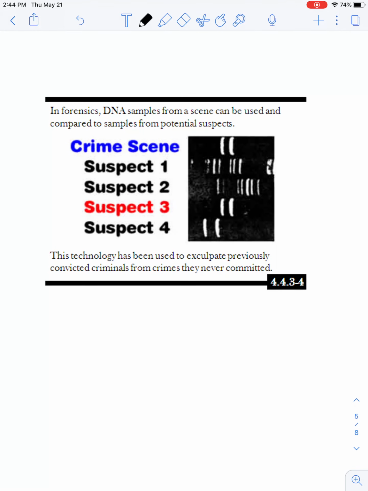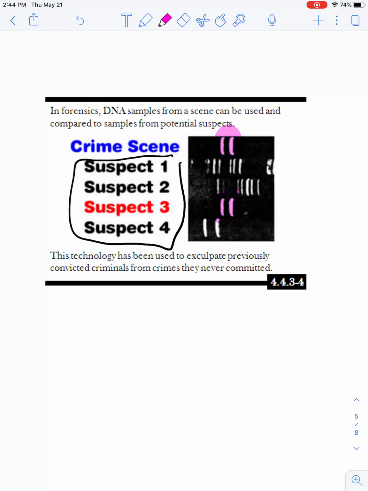Crime scenes work the same way. You have your suspects, you do gel electrophoresis, the restriction enzymes will cut their DNA all in different places, giving different size pieces. And so when they run through that gel, they will end up in different places. So really clearly, there's the crime scene. There's the guy, right?